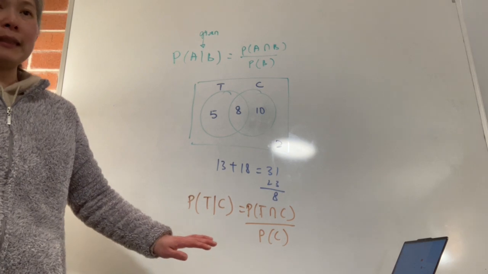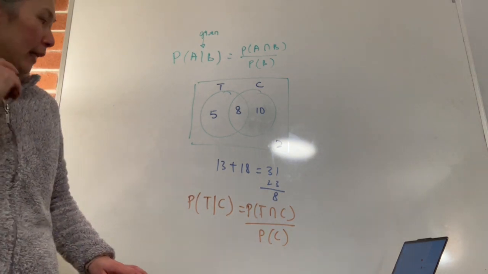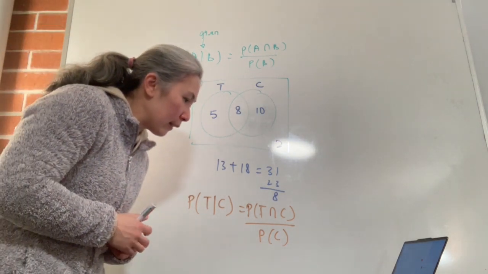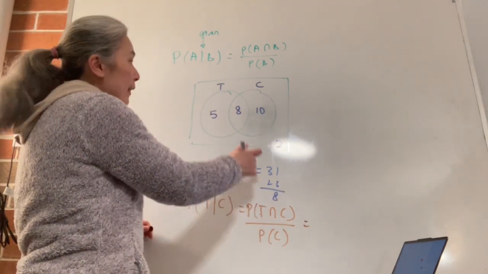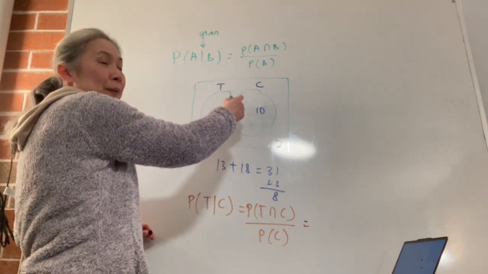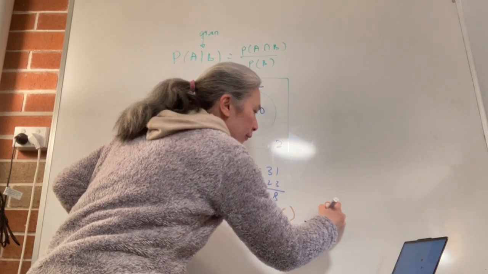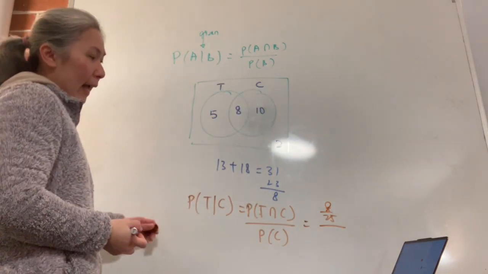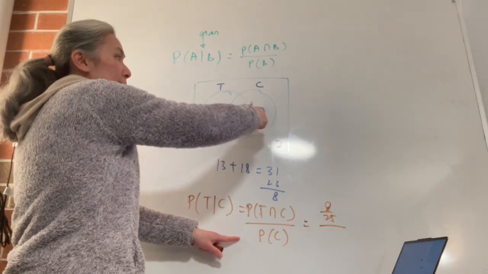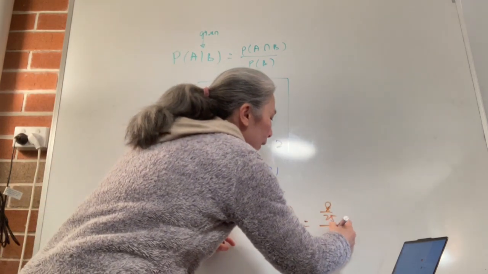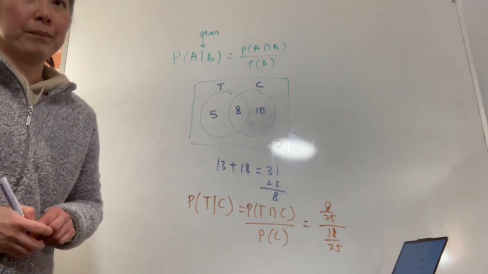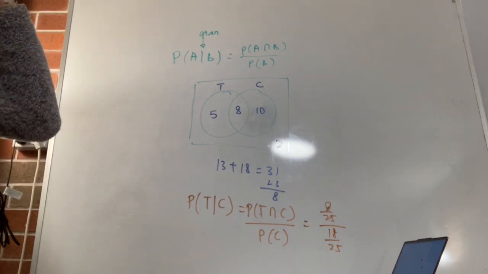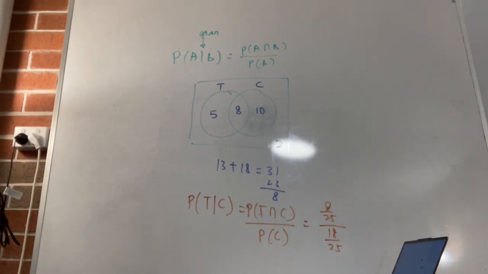Given the customer likes coffee, tea and coffee means this section right in the middle, which is 8 out of, and like coffee means these sections in here, which is 18. So 8 over 18. Yes. And then you simplify it.